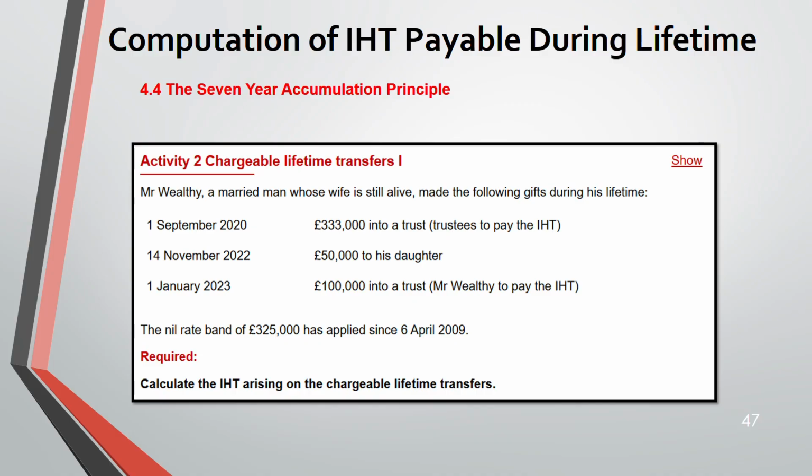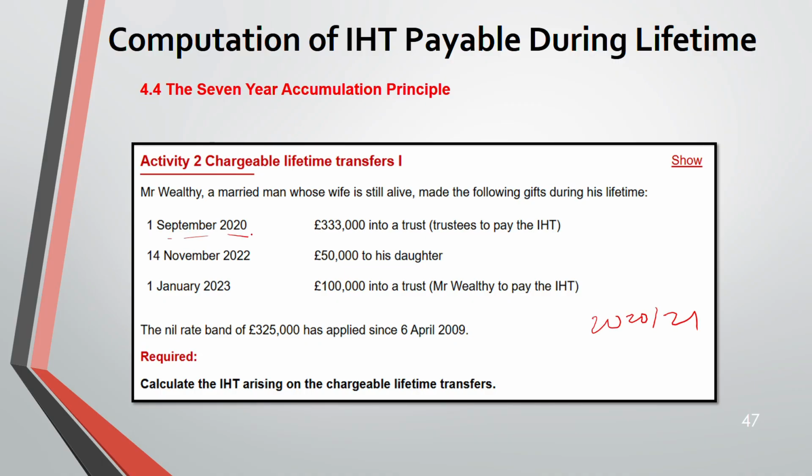Now, activity 2. So, activity 2 is a very good question. Here we are going to go through chargeable lifetime transfers. Mr. Wealthy, a married man whose wife is still alive, made the following gifts during his lifetime. If you see the tax year, this is 2020-21.